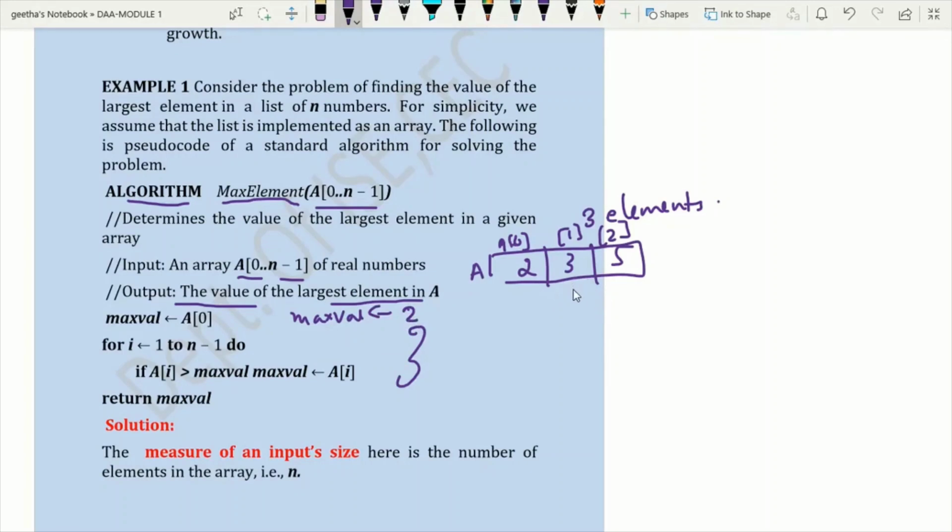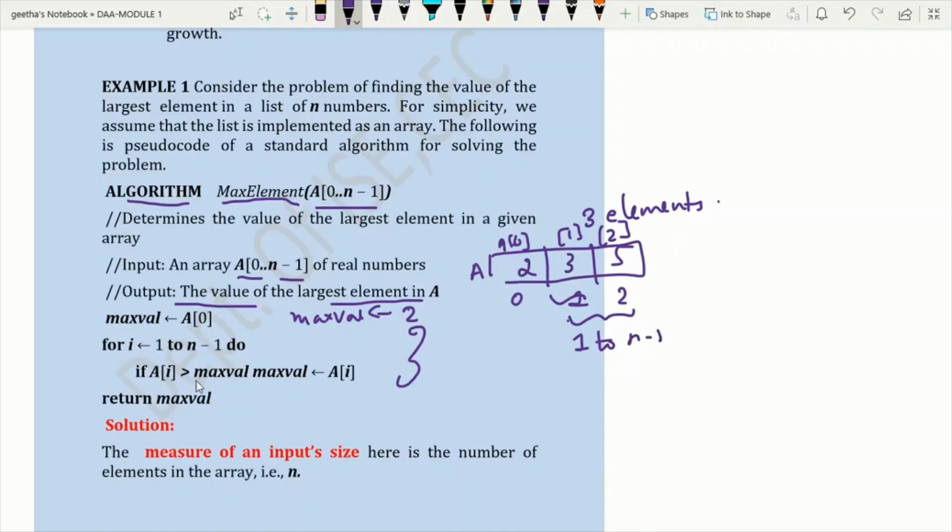Suppose I get an element greater than the maximum value element, then I will change the maximum element to the greater element. So for i equal to 1 to n minus 1: this is the 0th location, this is the first location, and n minus 1 is this location. You keep comparing the array elements with the max value element.